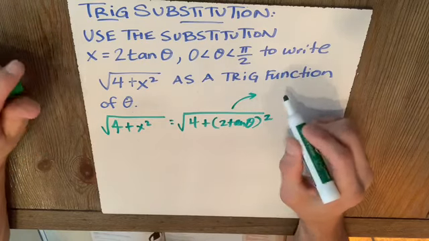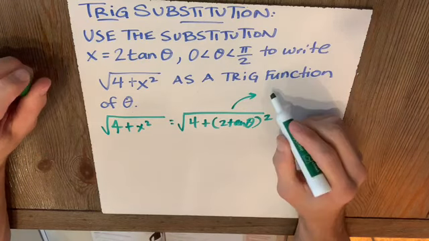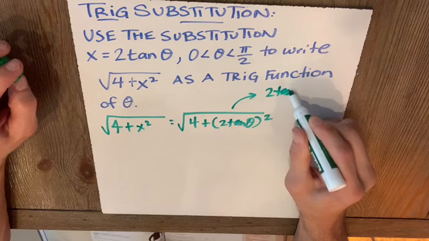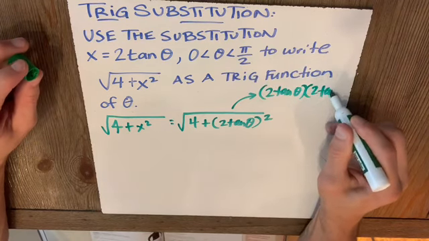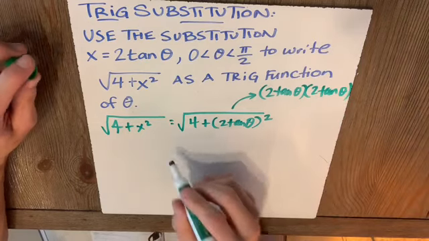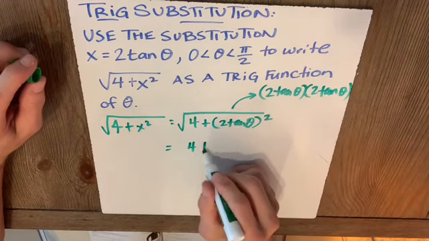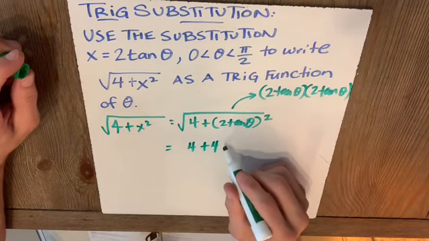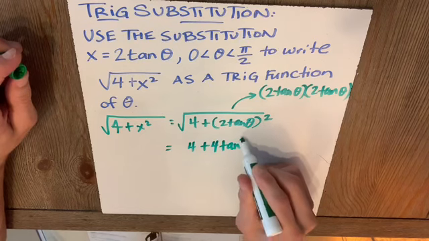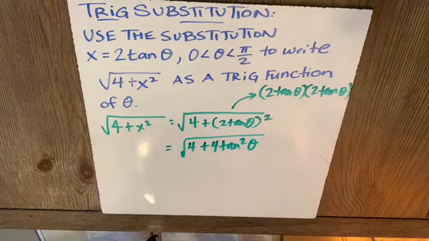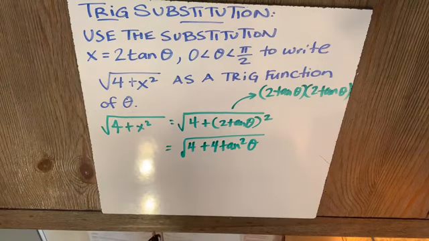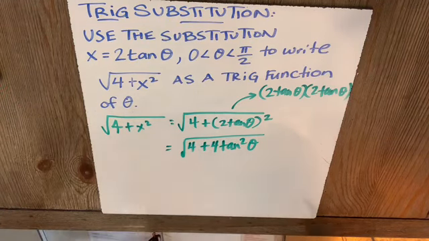Well, let's consider this. 2 tangent theta squared is 2 tan theta times 2 tan theta, which of course will give us 4 plus 4 tangent squared theta. Oh, I know my identities, and that's the theme. If you know your identities, this all becomes easy.